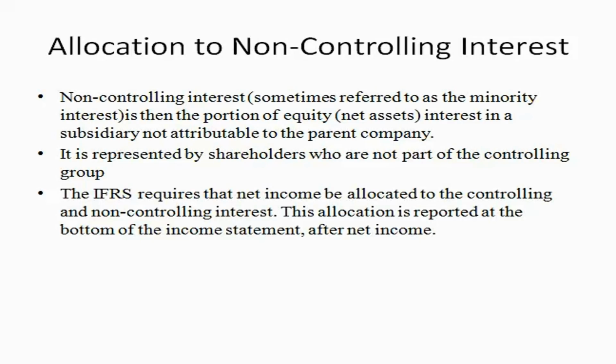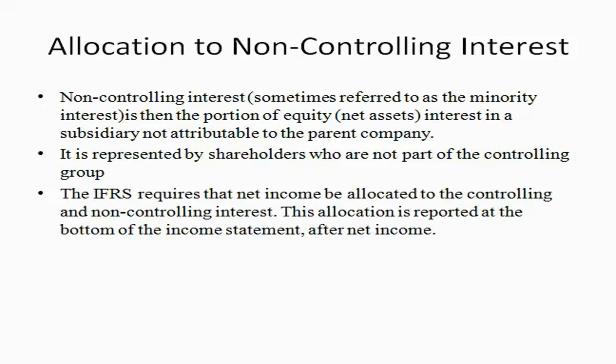Now this net income, who do I need to distribute it to? I must make an allocation to something called non-controlling interest. Non-controlling interest, sometimes referred to as the minority interest, is the portion of the equity or net assets interest in the subsidiary not attributable to the parent company.